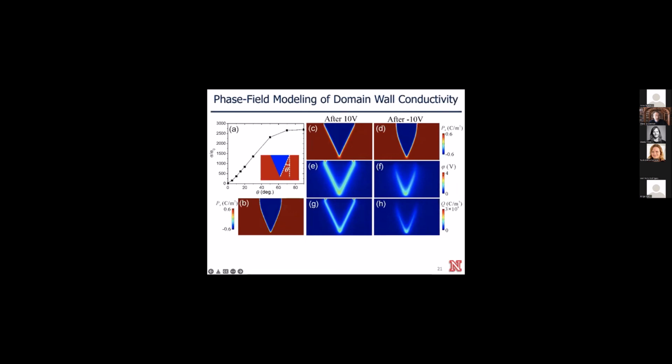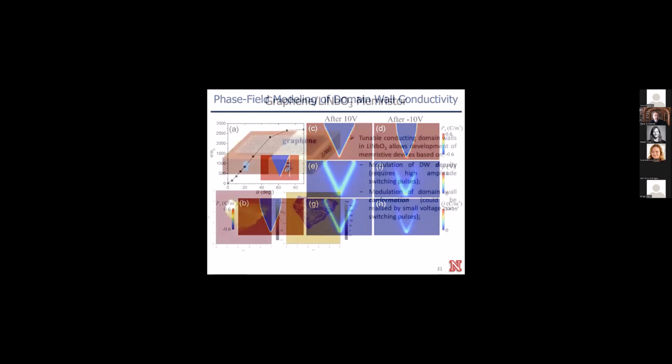And this modulation of the domain wall shape actually results in a change of conductivity by almost 2 orders of magnitude. So this indicates that we can have a very fine tuning possibility of the domain wall transport properties just by changing the inclination angle.